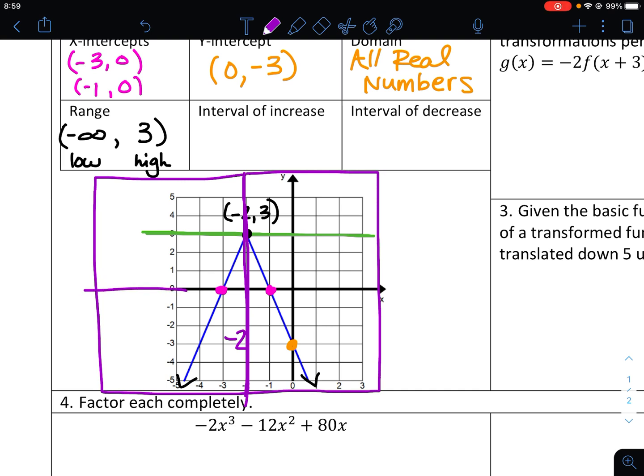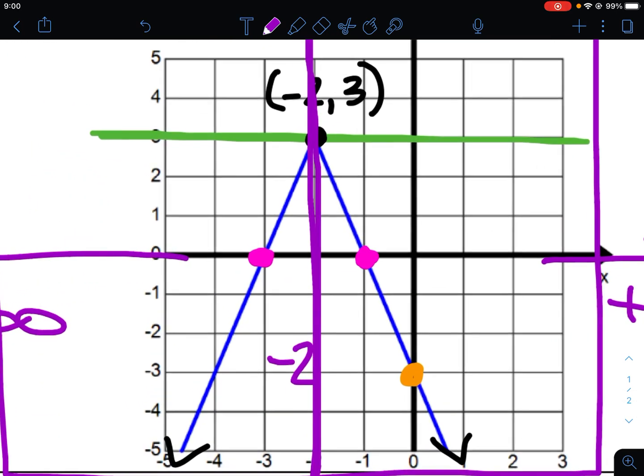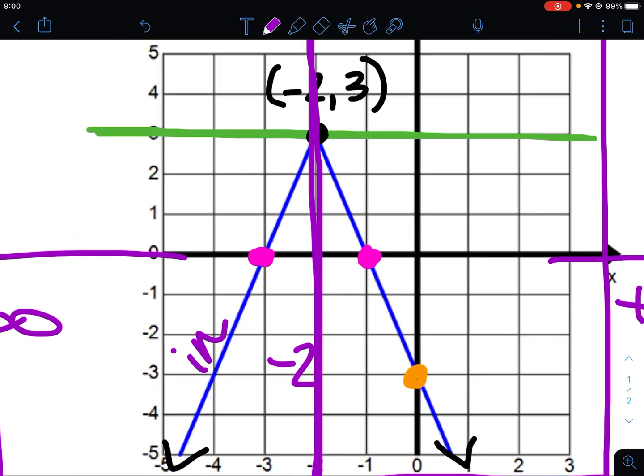As we move to the left, that graph heads to -infinity. As we head to the right, that graph heads to +infinity. When I read my graph from left to right, remember this time we're reading from left to right. With the range, we read up and down. For intervals of increasing and decreasing, and for domains, we read from left to right because we're looking at x values. We're increasing here.